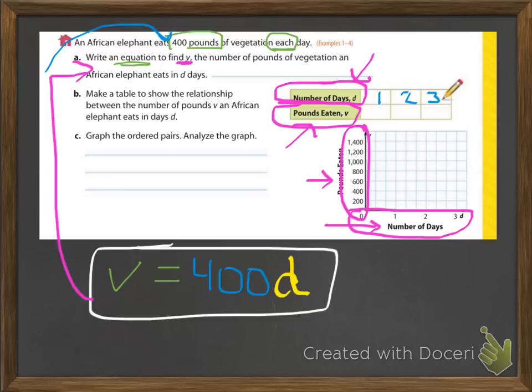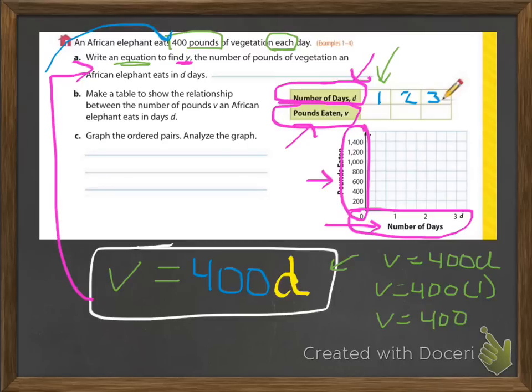Once we put in 1, now we have to plug it into our equation. V is equal to 400D, so I should see your original problem. Then we're going to substitute. V is equal to 400 times D, and now we're going to write in a 1 because we got that 1 from right here. So 400 times 1, so V is going to be equal to 400.